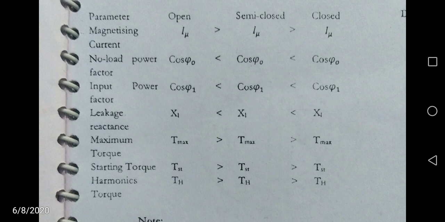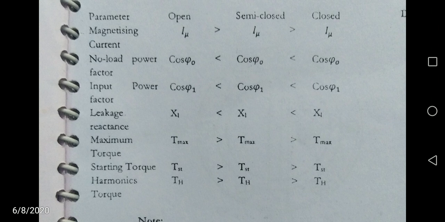Because of high rating, that machine can be started by starters, because the starting current produced by the open slot is more as compared to closed. So the closed slot machines are mostly small rating machines, and open slot machines are large rating machines.